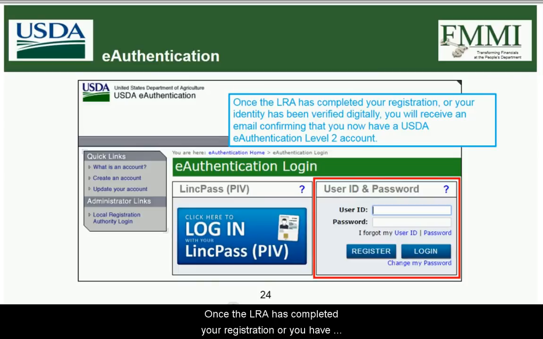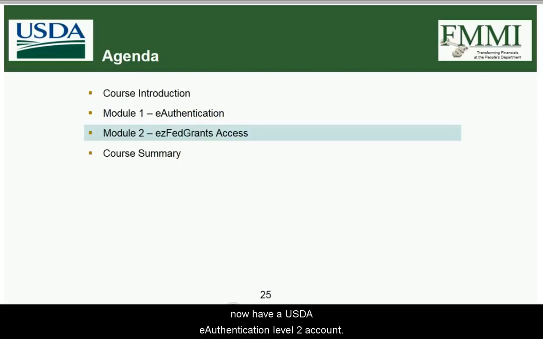And once the LRA has completed your registration, or you have verified your identity digitally online, you should then receive an email confirming that you now have a USDA eAuthentication Level 2 account, and then you would be able to enter in your username and password to go ahead and access that.